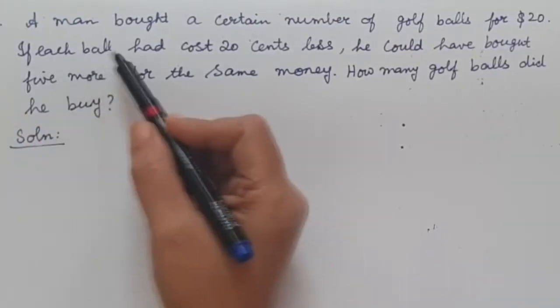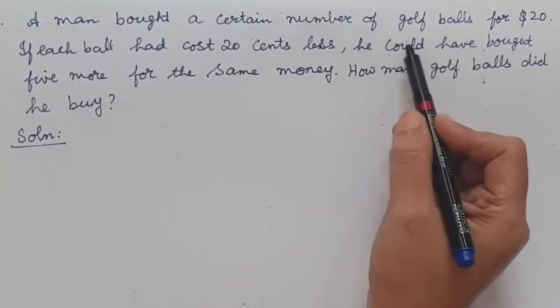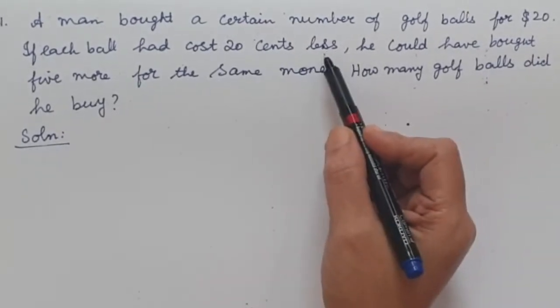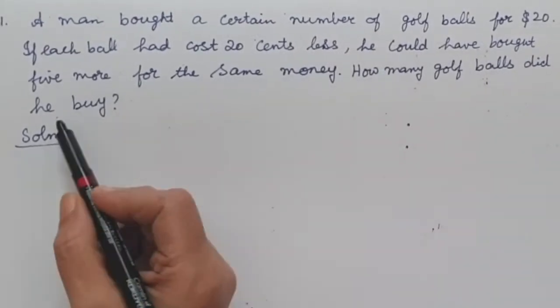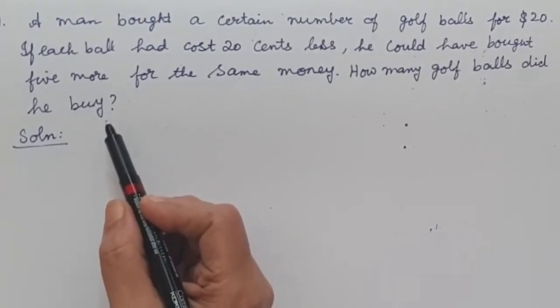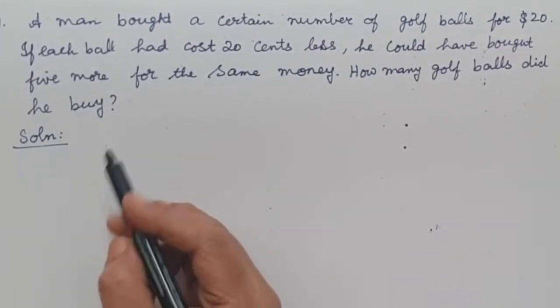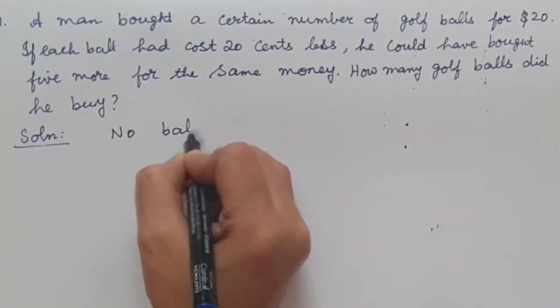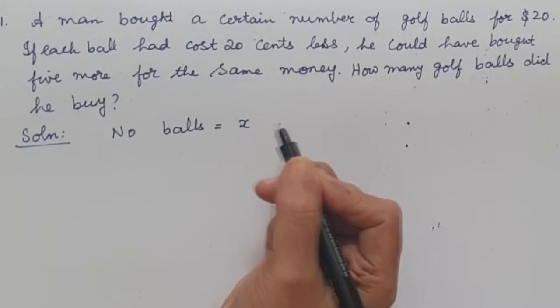11th question. A man bought a certain number of golf balls for $20. If each ball had cost 20 cents less, he could have bought 5 more for the same money. How many golf balls did he buy? Now let us take that the number of balls which he buys will be equal to x.